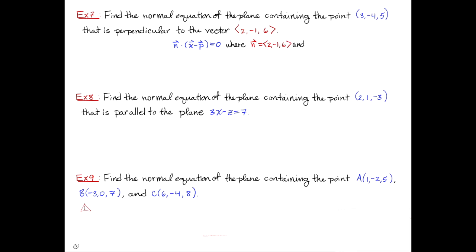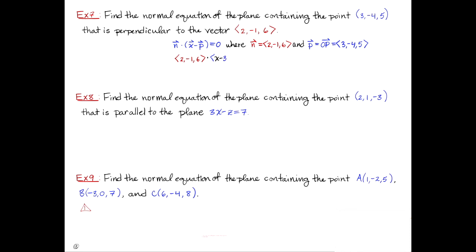And we can call our vector p, which would be OP, where O is the origin, 3, negative 4, 5.